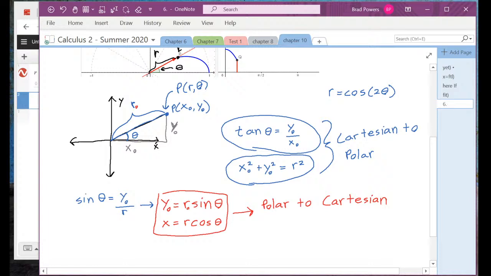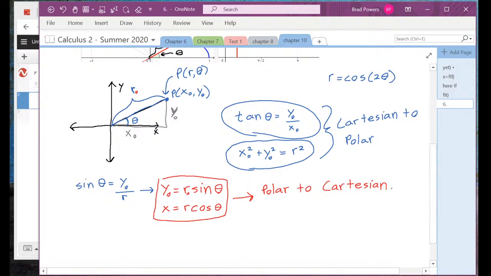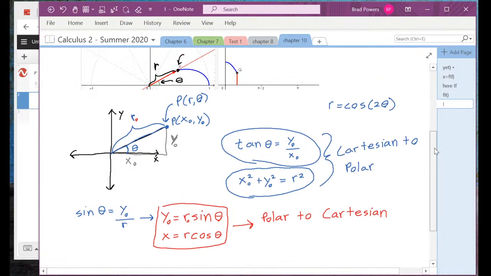Super duper helpful. These are great equations to know and to use. So we can use those to go from polar to Cartesian. It's not like you have to memorize them. I don't have them memorized. Well, I kind of do. But it's easy enough to draw this little diagram and figure these things out. Watch me do it just now.